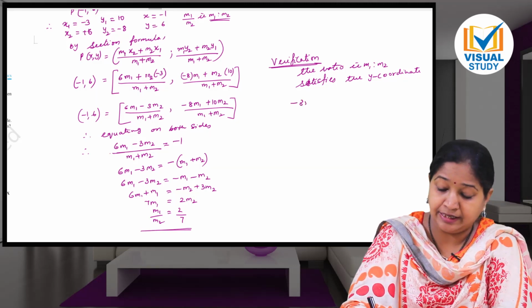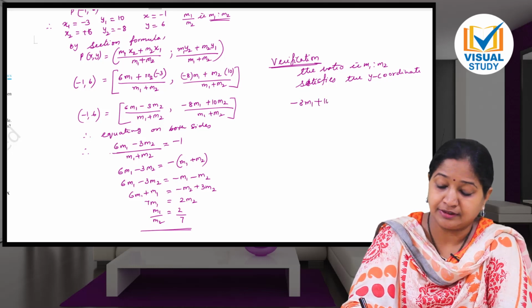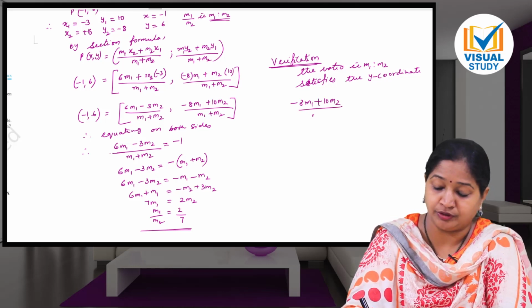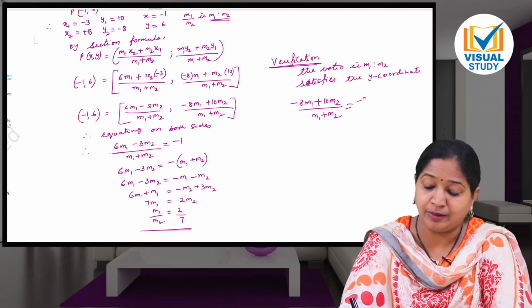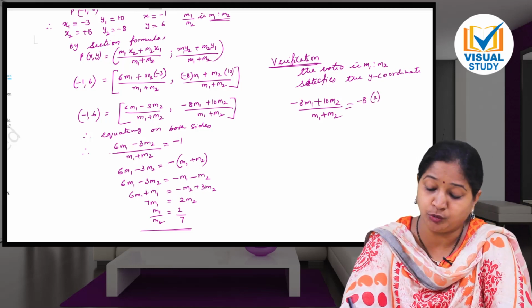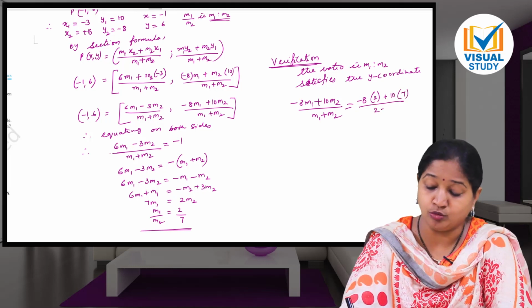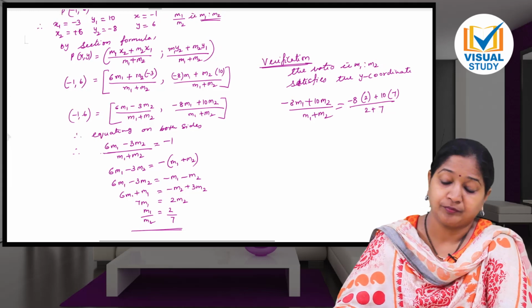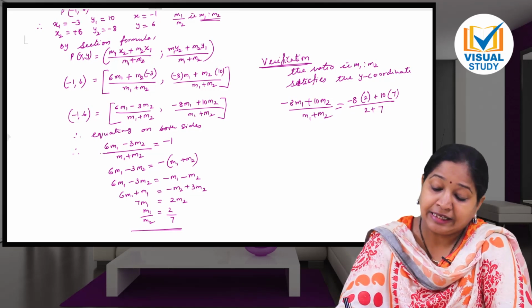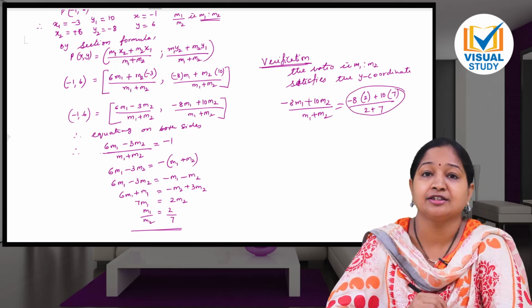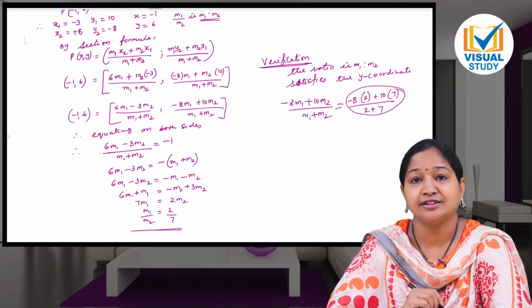Now (8m1 + 10m2)/(m1 + m2) is equal to minus 8. What is your m1? 2, plus 10 times m2 is 7, and 2 plus 7. But can I put the value like this? No. Why?